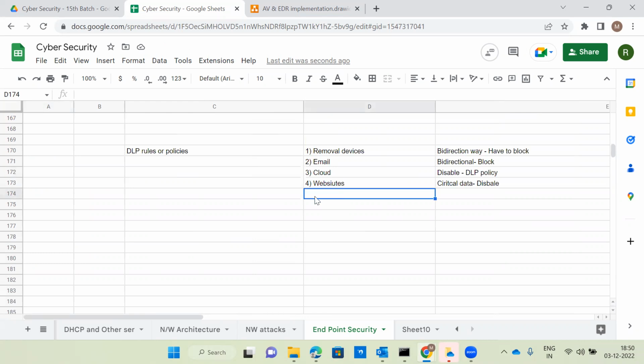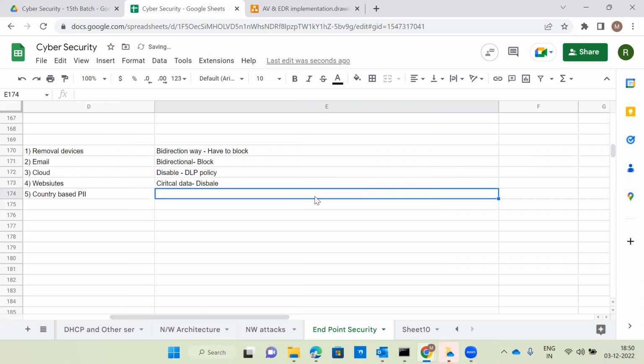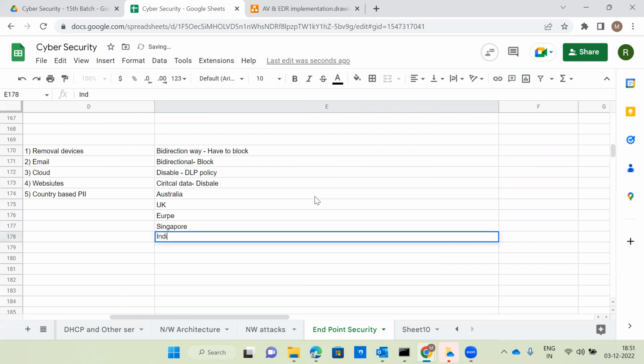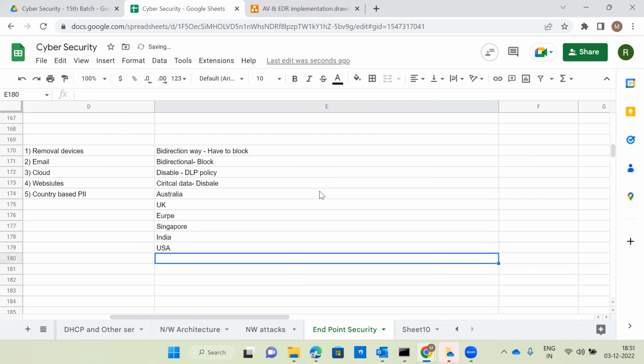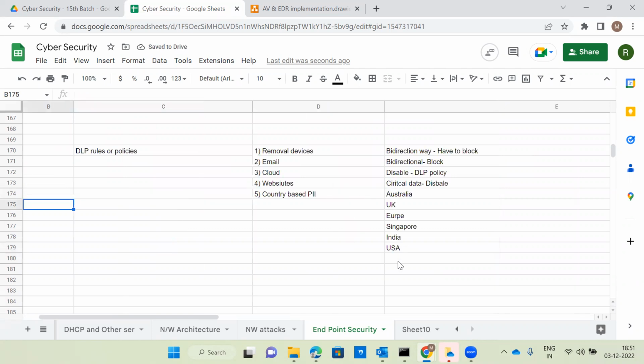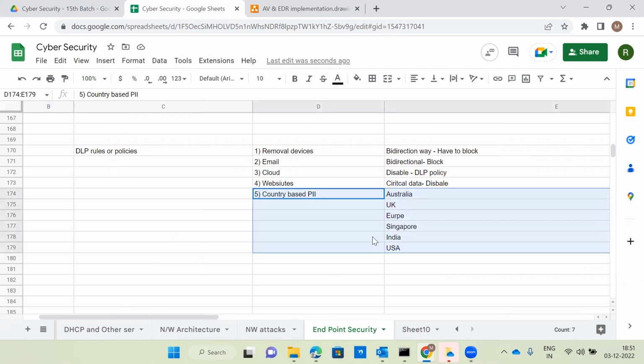Another policy is country-based PII. Example, Australia. Next one is UK. Next one is all the European continents. Next one is Singapore. Next one is India, USA, and so on. So these are all the ways we have to configure PII data, whether we can disclose any PII data or not.